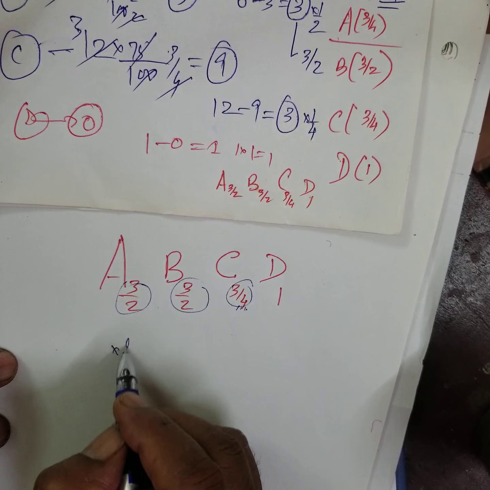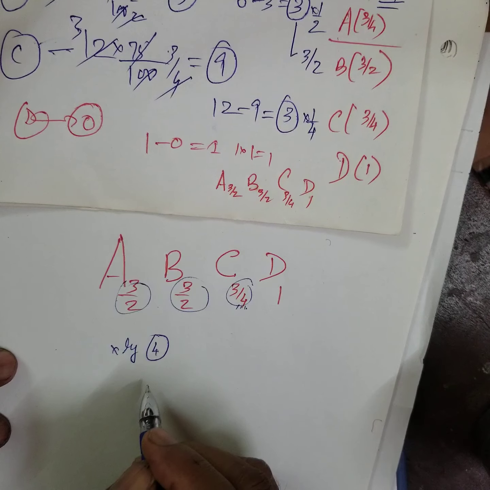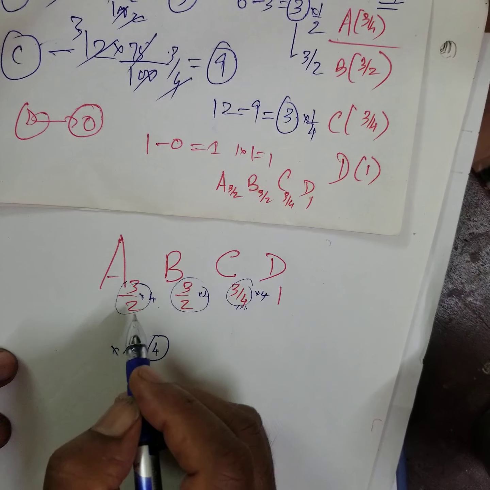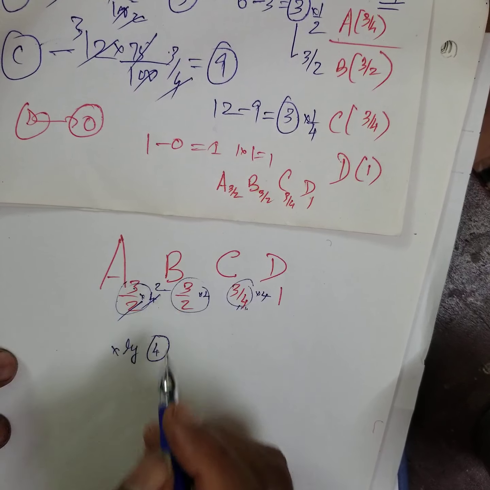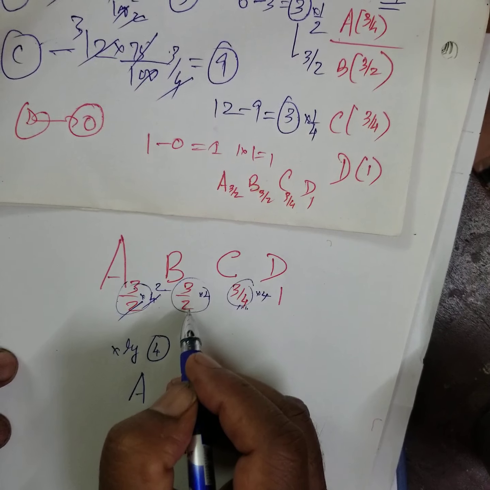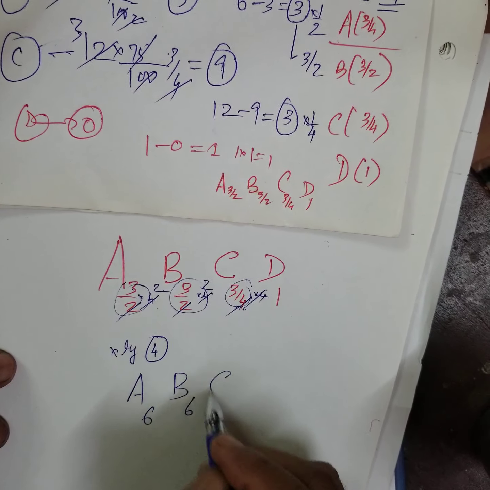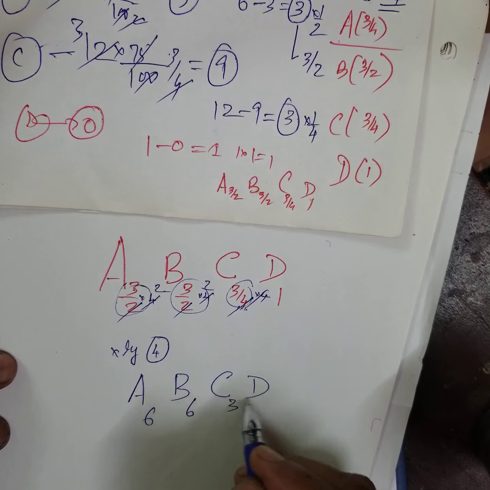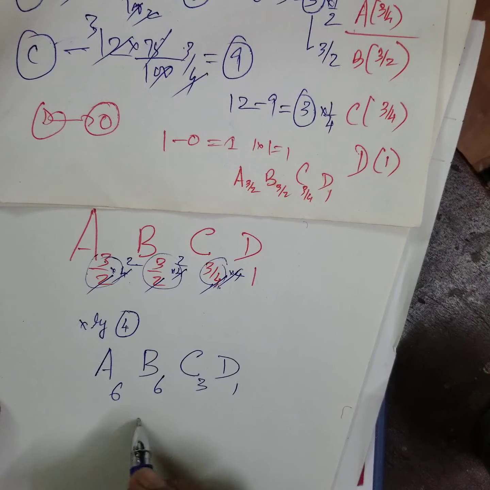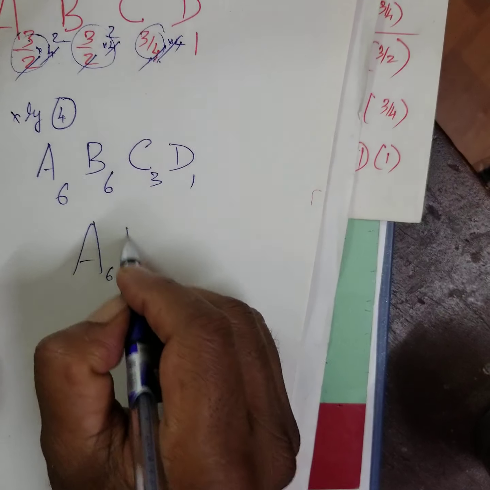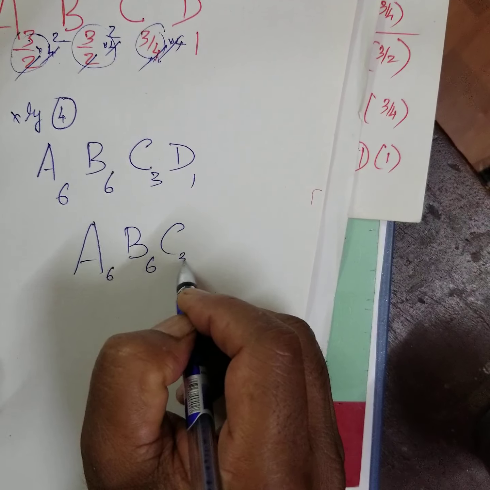Therefore, multiply throughout by 4. If you multiply by 4, what will you get? This is 2 times, 2 3s are 6. Here 2 times, B is also 6. Here the 4 gets cancelled, C is 3. D is 1. Therefore, the formula is A6, B6, C3, D.